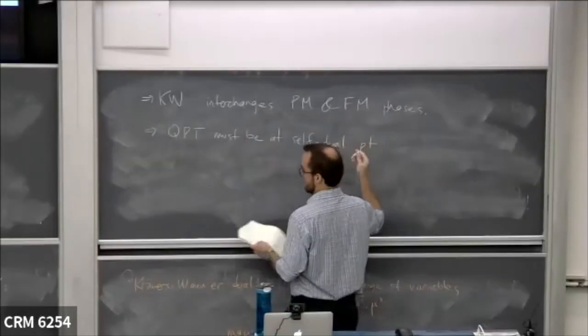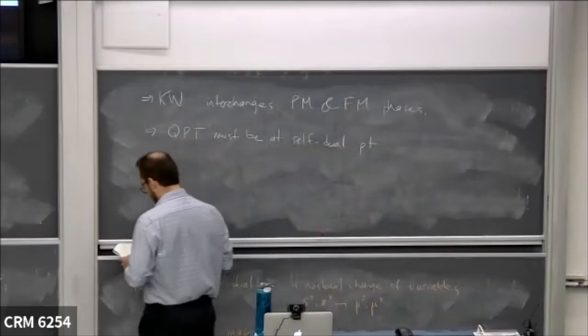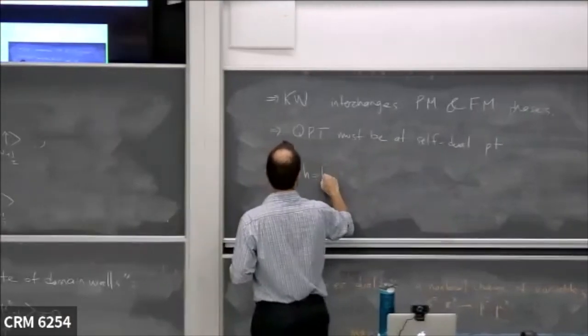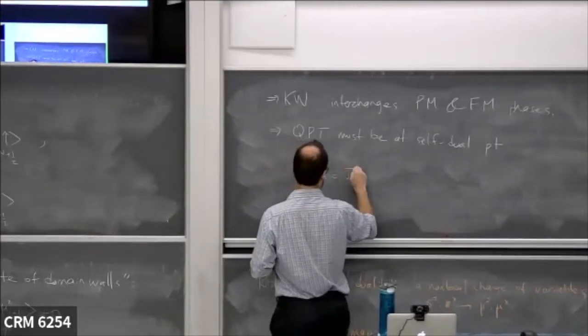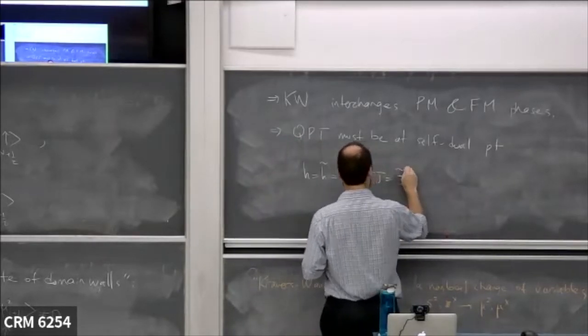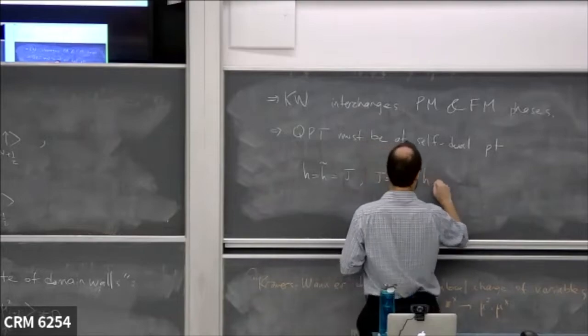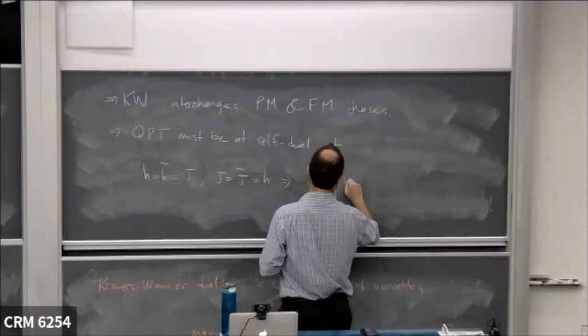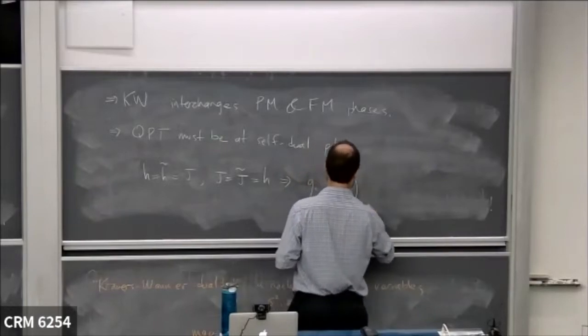Since the transformation exchanges J and H, at the self-dual point we have H equals H tilde equals J. Equivalently, J equals J tilde equals H. And so the critical point is at g_c, H over J critical equals 1.